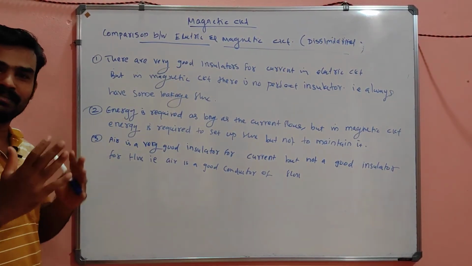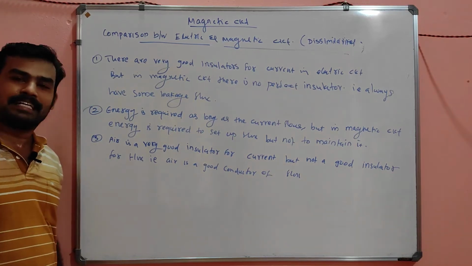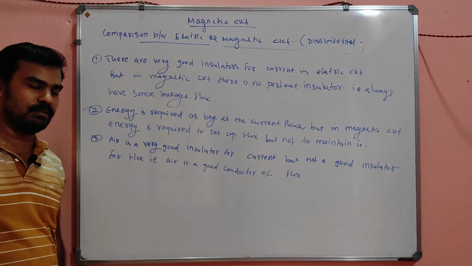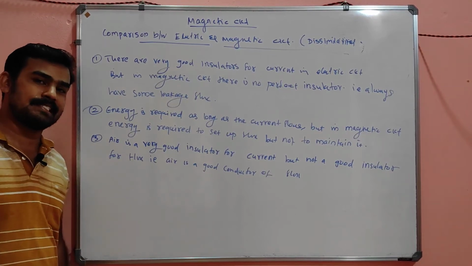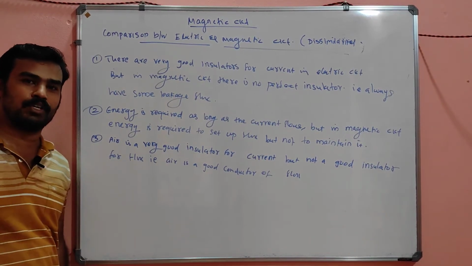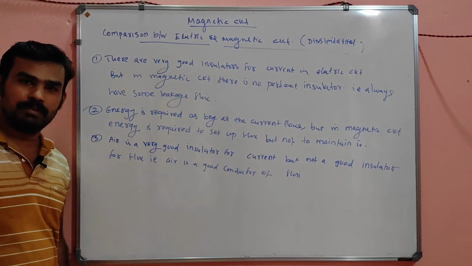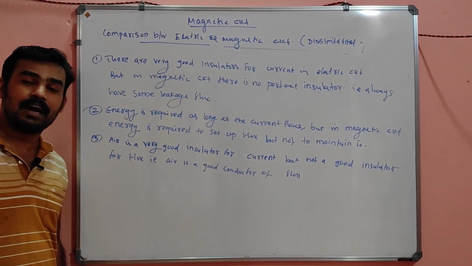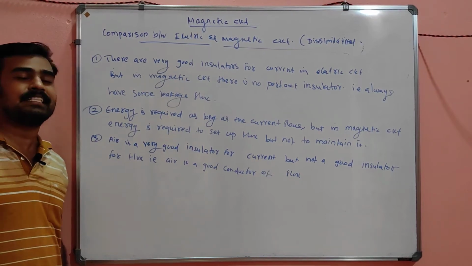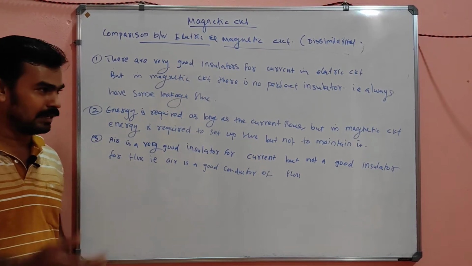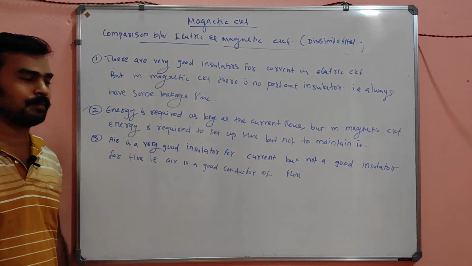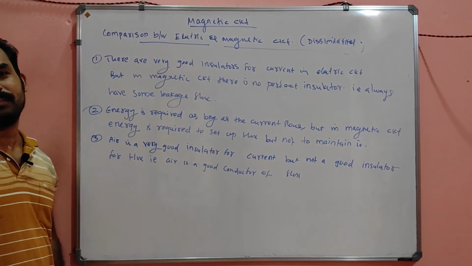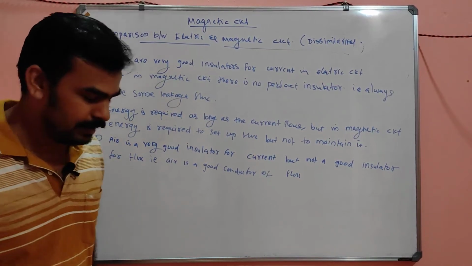That is the contrast between electric and magnetic circuit lines. See, air doesn't carry any electricity, right? Only under a very stressed condition, say 30 kilovolts per centimeter peak, or 21.2 kilovolts per centimeter RMS, will current flow through the air. Before that range, air is a perfect insulator for current.